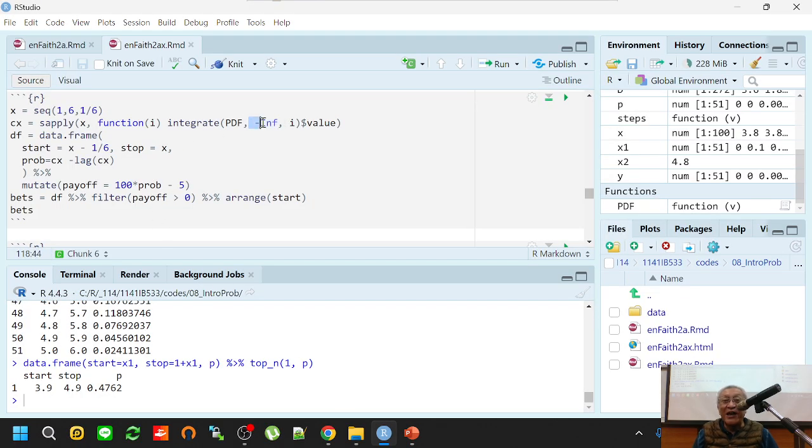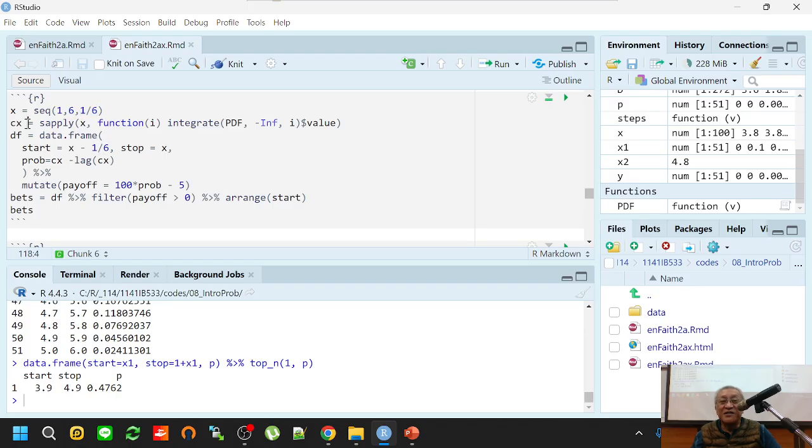The left tail is negative infinity, and I specify the boundary from 1 to 6, for every 10 seconds.